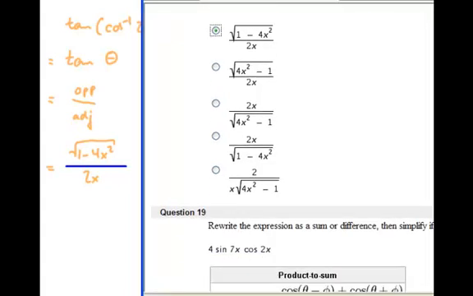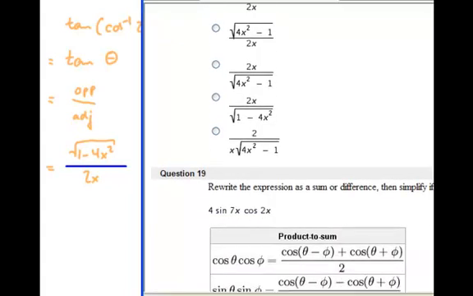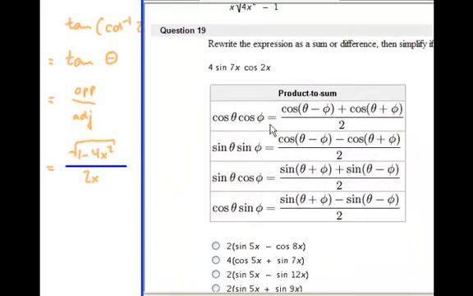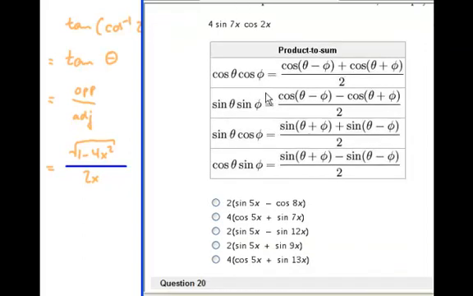Okay, problem 19. Rewrite the expression as a sum or difference, then simplify as possible. So 4 sine 7x cosine 2x, and I have to write it as a sum or difference. It can be argued whether it looks simpler when I'm done or not, but that's what this particular problem wants me to do, so it's supposed to look like one of these here.